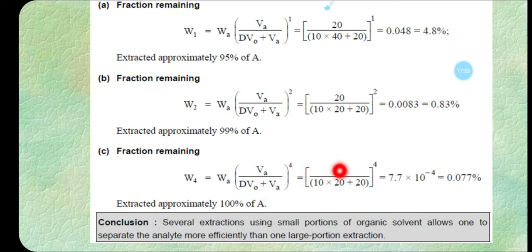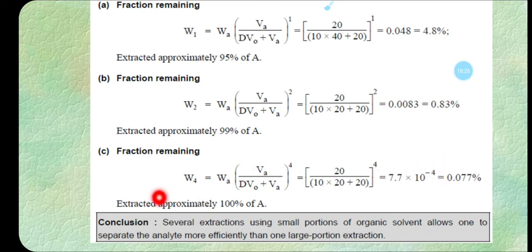Volume of aqueous is 20, and D will be 10. Here there is a print mistake, so we should use the volume of toluene as 10 ml, then plus 20 aqueous, raised to 4. So we get 0.077% of solute remaining unextracted.